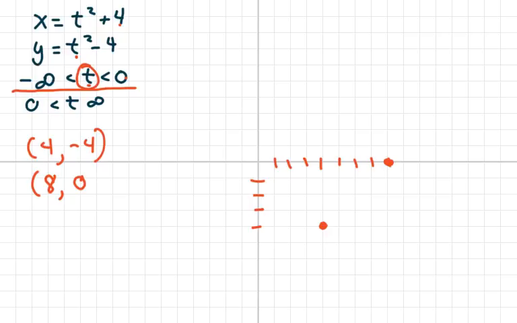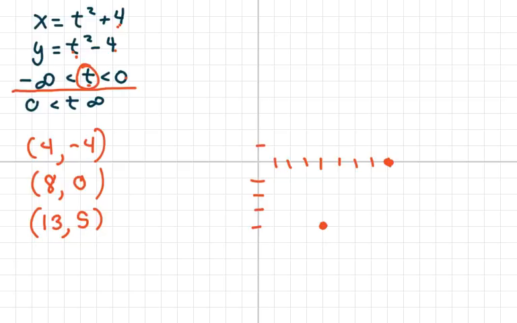And if we plug in negative 3, we get 9 plus 4 is 13, and this one is 9 minus 4 is 5. So basically that's 13, 5, which is way over here.